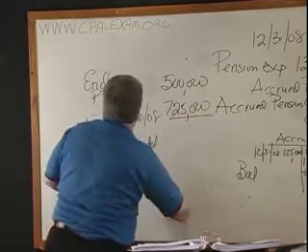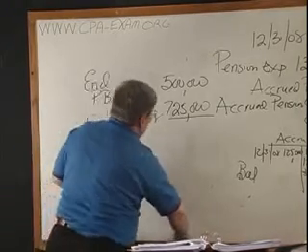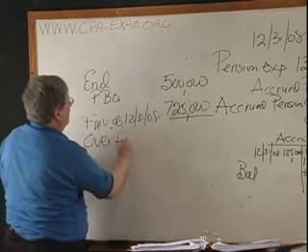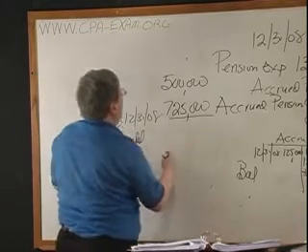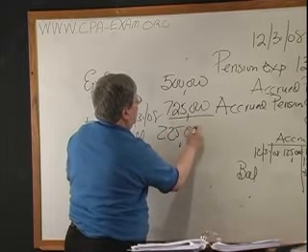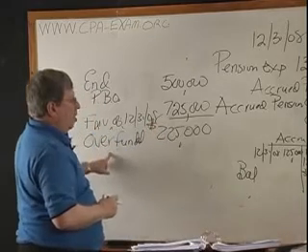In this case, according to the actuary, the plan would be overfunded, and the overfunded amount would be $225,000. Now, what would we do if the plan is overfunded?